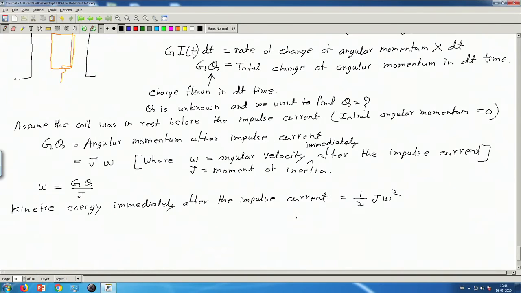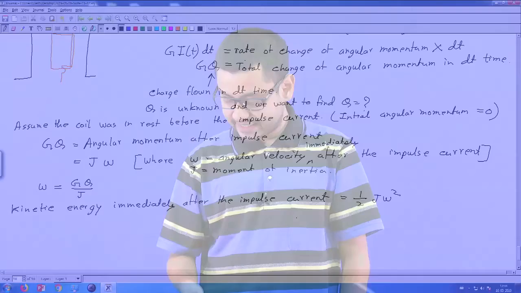Now, what will happen? The charge has stopped, the current has stopped, but this current has set the coil into motion. Within that short time the coil has already started to move, already gained some velocity, gained some kinetic energy.